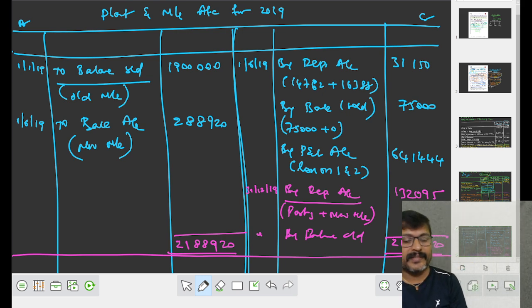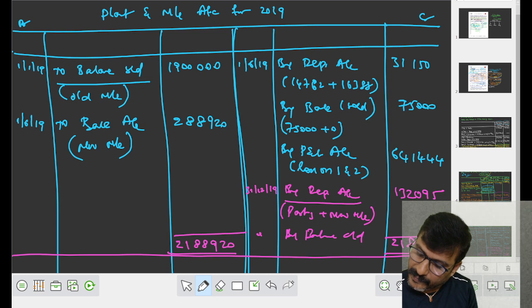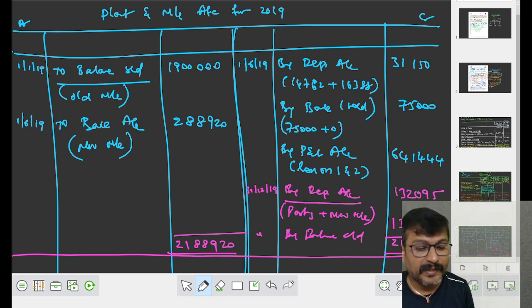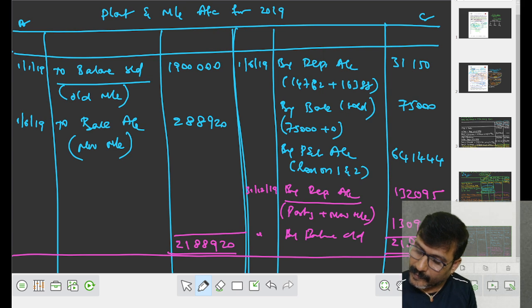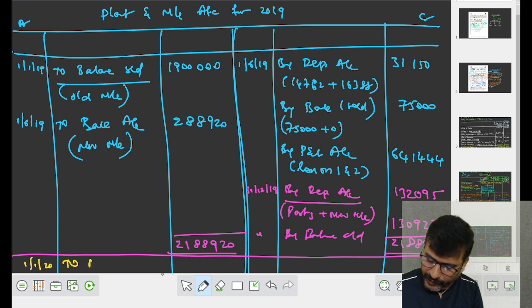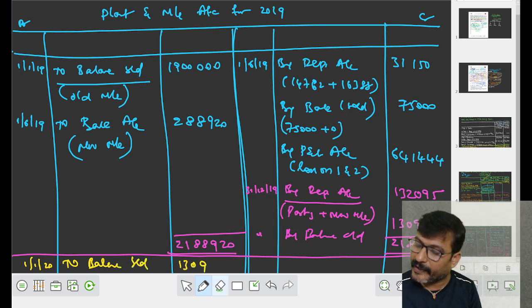Work out the difference, it comes to rupees 13,09,231. Then brought down for the next period, January 20, to balance brought down 13,09,231. Please try to understand these three concepts.